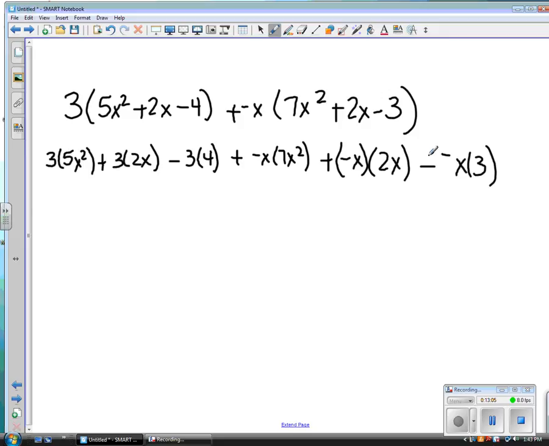Let me explain. There are shortcuts you're going to get the more practice you have. This step here, you're going to get to a point that you're not going to have to write out. So that's an optional step. I would like for you to write it in the beginning, just so you make sure you're not losing anything. Because the biggest mistake people make when they go from this to the next line is they forget to distribute 3 to everything. They might do it to the first and second term and forget the third, or they might do it to the first and last and forget the middle.